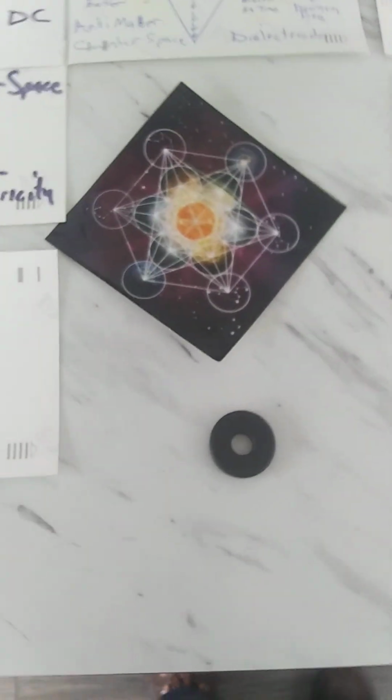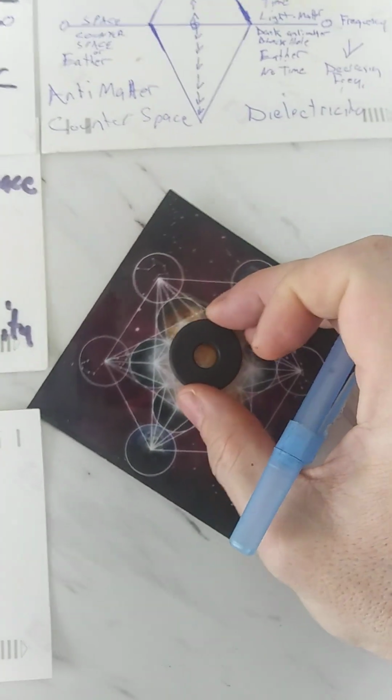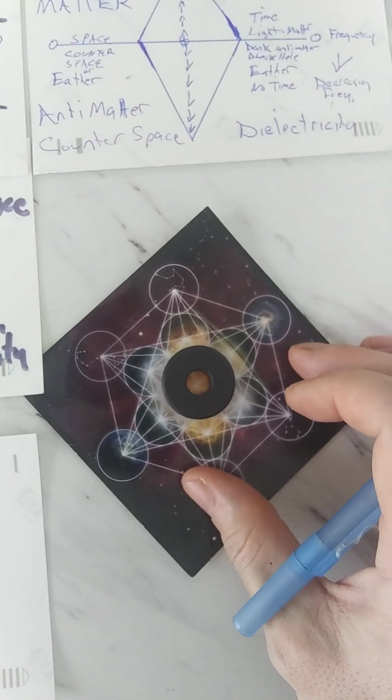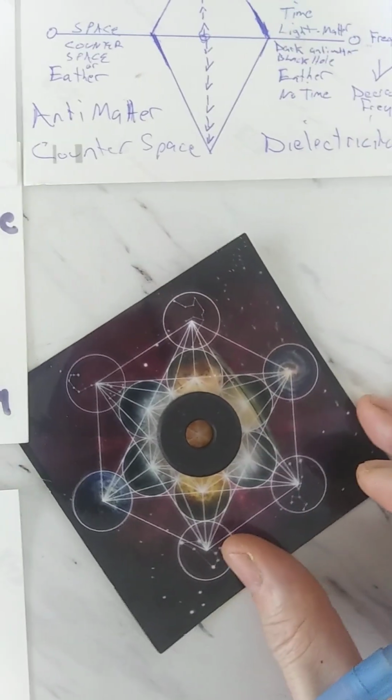So these two conditions are always happening, like I said, inside of that magnet. So if you take this magnet and place it at the holos, just like that, this is what's going on.